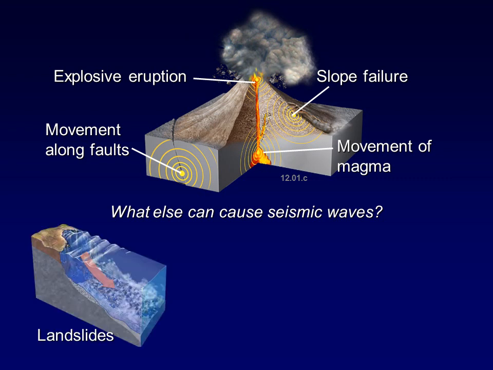On land, it does not send out as large an earthquake, but underwater earthquakes are so much bigger because you've got the water there lubricating the movement of the rocks. So landslides on land or underwater can cause earthquakes.